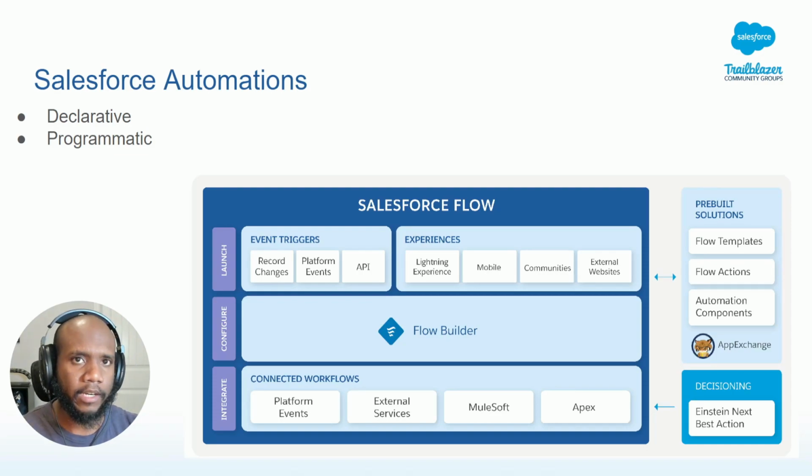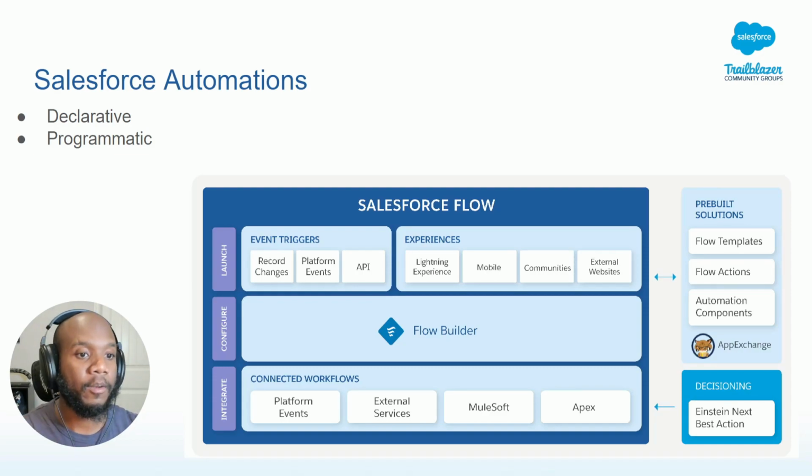The declarative side of things is where we step into the realm of things that admins can do, things that are configurable inside of the Salesforce platform that we can change around with clicks so that they'll do whatever we want. For example, we can set up a flow, and we'll get to flows.